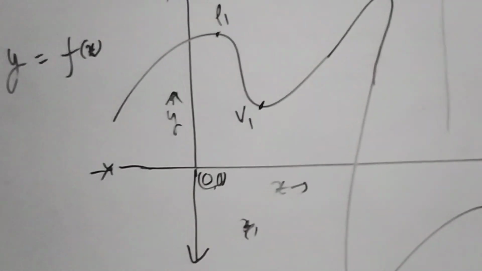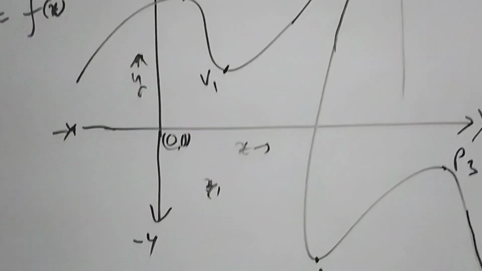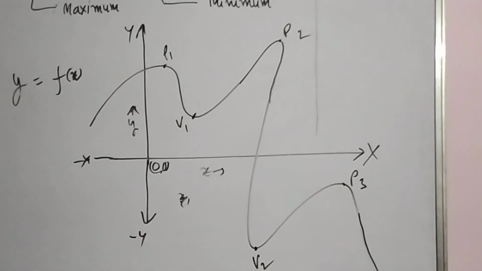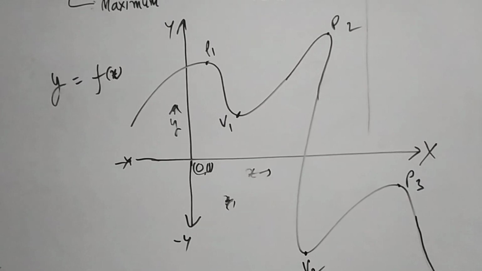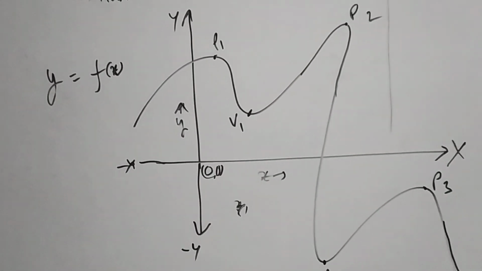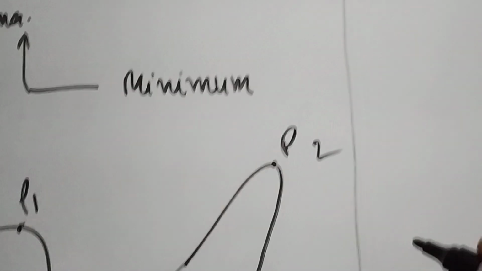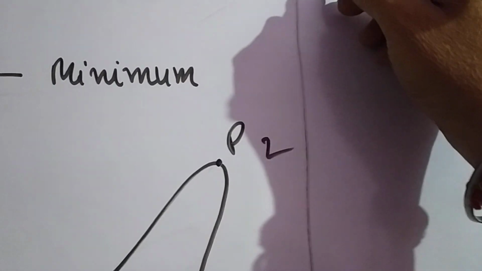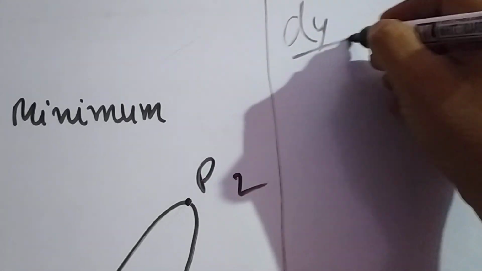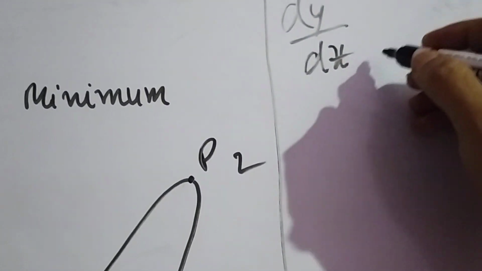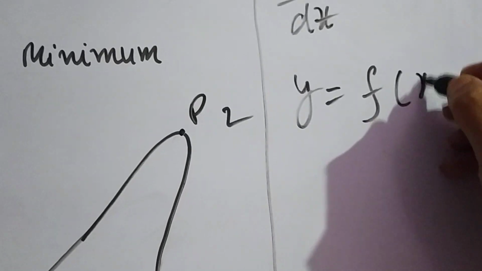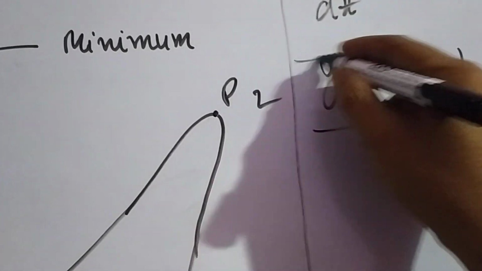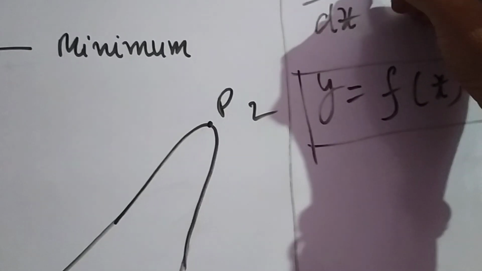Now, suppose this graph will be our basic graph. We will not rub it out. We will discuss in the same graph. dy by dx, as you already know: if y is a function of x, then we find the derivative of y, that is called dy by dx.